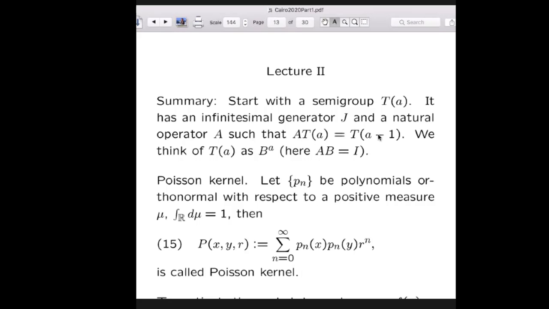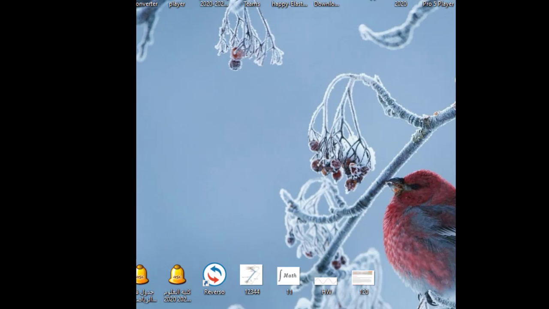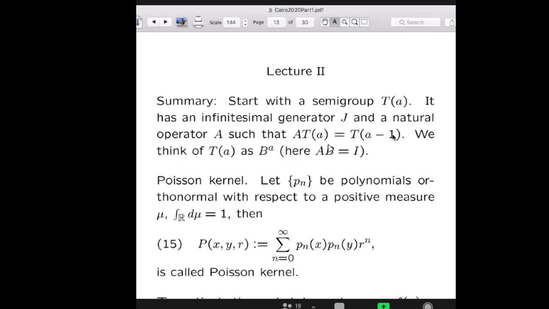It reduces the parameter in the semigroup, and then it has a one-sided inverse, and that left inverse, raised to fractional powers, is essentially what the semigroup is. What is new here is this idea that you introduce an additional operator that has this property, and then this would be fractional integrals.